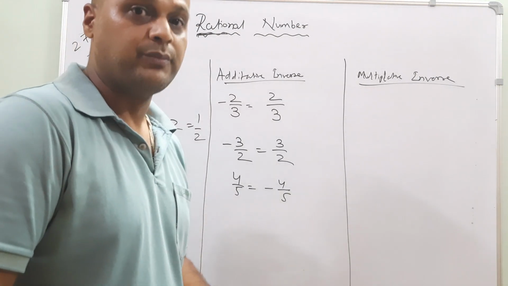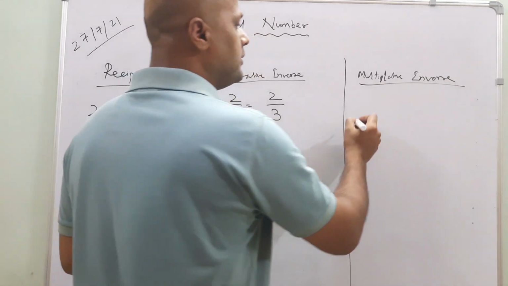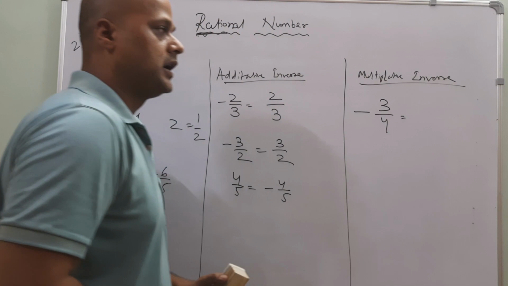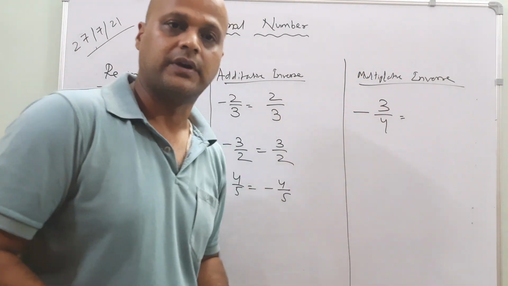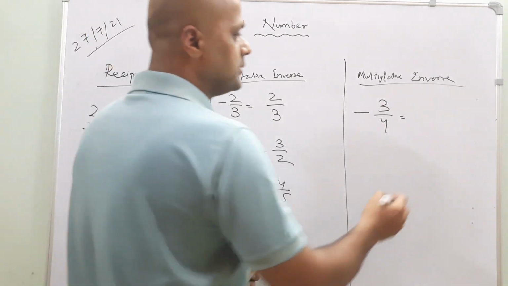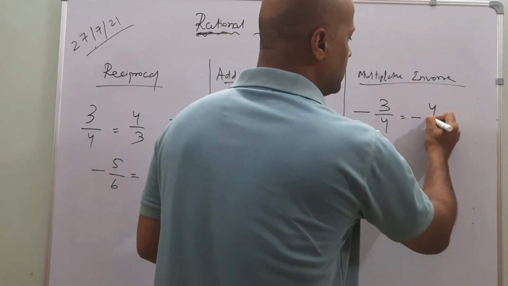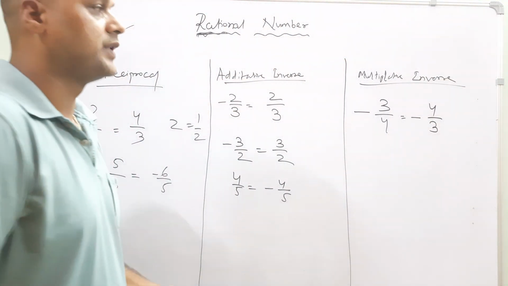Now coming to the third important point: multiplicative inverse. What is the multiplicative inverse? Minus 3 by 4 is there. What is the multiplicative inverse of minus 3 by 4? The sign will be as it is and the fraction will be reversed. So the answer is minus 4 by 3.